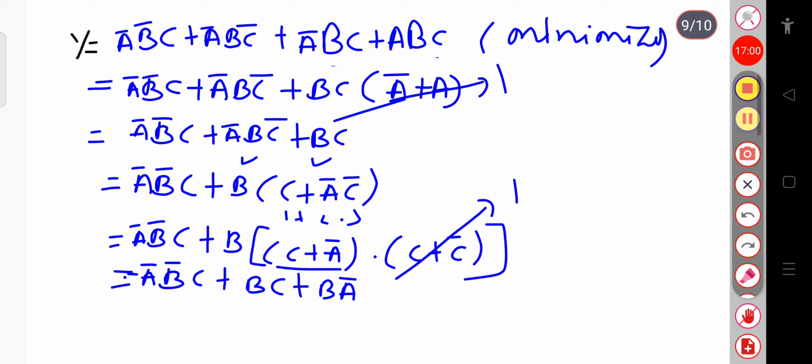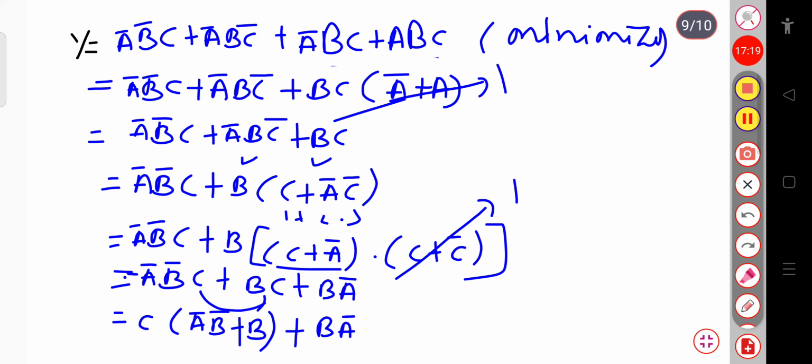Now, taking c common from this term, this will be equal to c taking common, this will be a bar b bar plus b, and this will be plus b a bar, or this is your a bar b. Now, you can see that this is also in the form of 1 plus 2 into 3, this is 2 into 3, this is your 1.